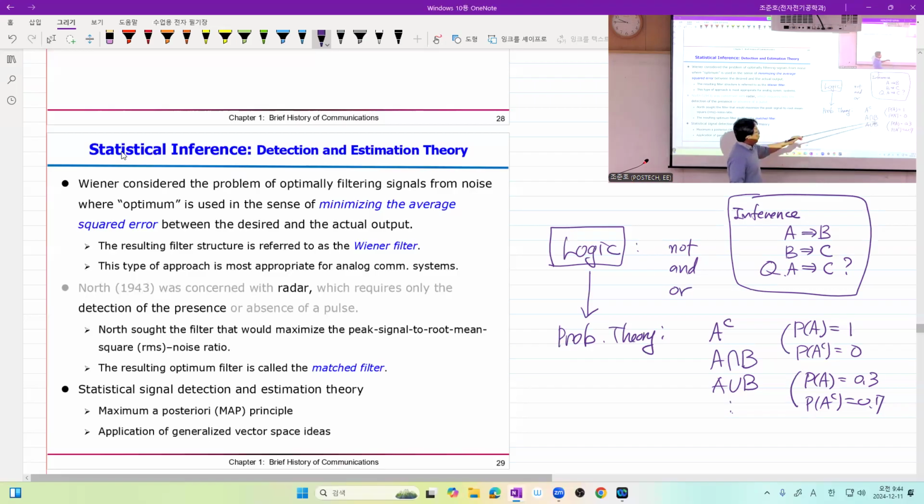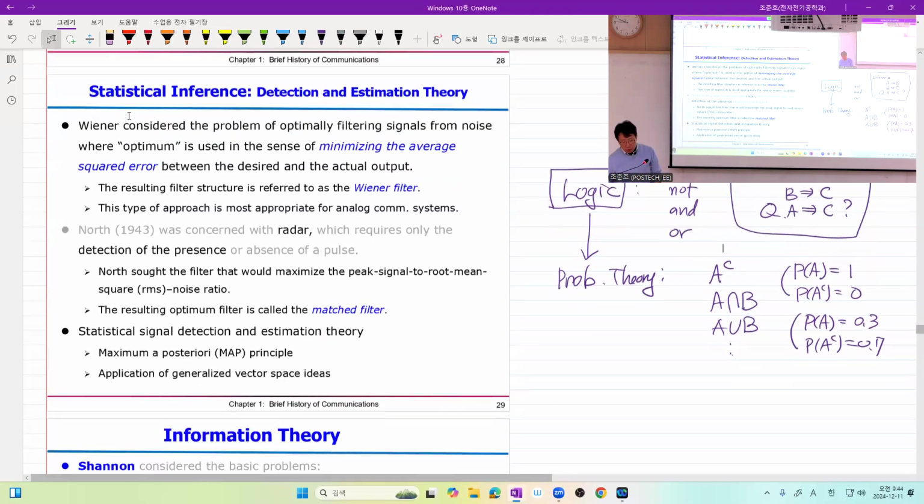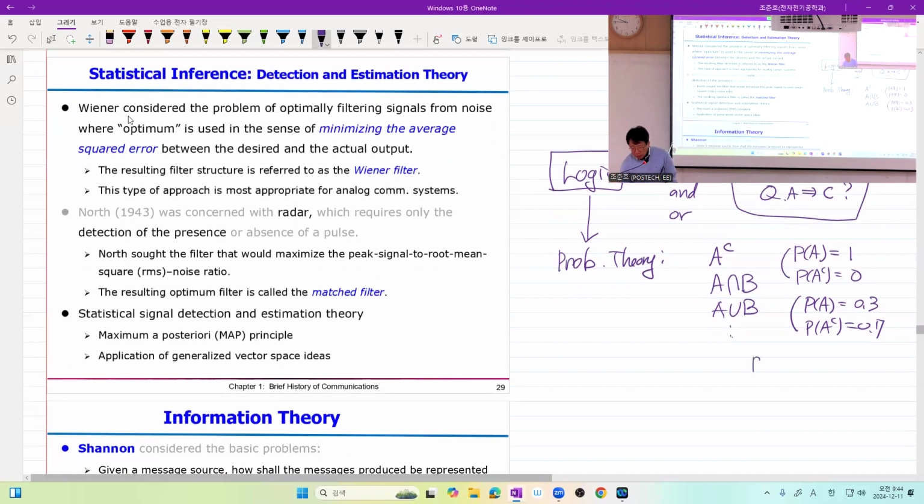Now, what about here? This is all related with statistical inference. So what you do is like this. For example, the probability of event A is 0.3. The probability of event A given the occurrence of event B is also 0.3. What does this fact say to us? And we coined the terminology of statistical independence between two events.